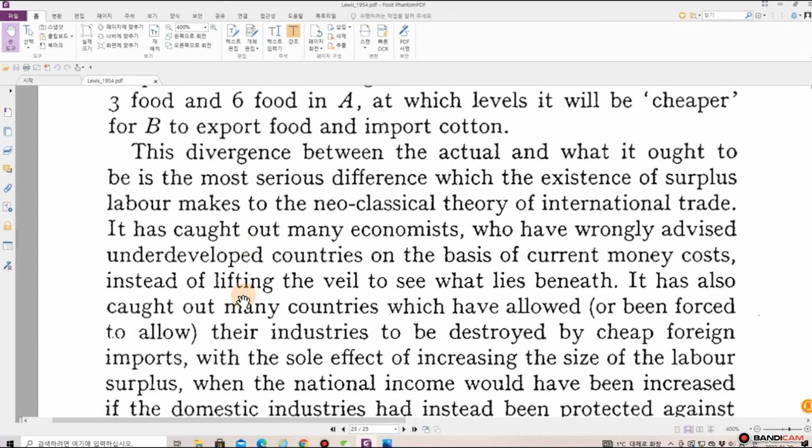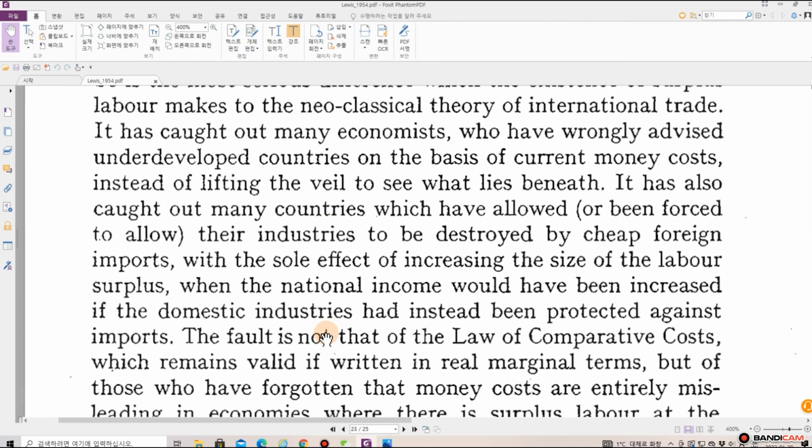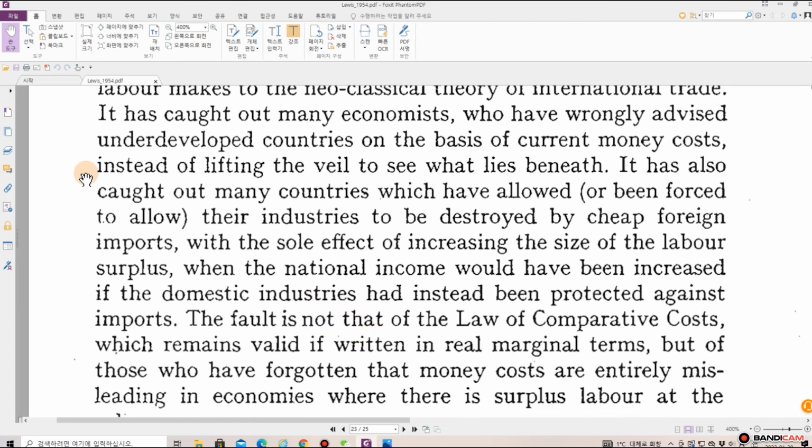This divergence between the actual and what it ought to be is the most serious difference which the existence of surplus labor makes to the neoclassical theory of international trade. It has caught out many economists who have wrongly advised underdeveloped countries on the basis of current money costs, instead of lifting the veil to see what lies beneath.